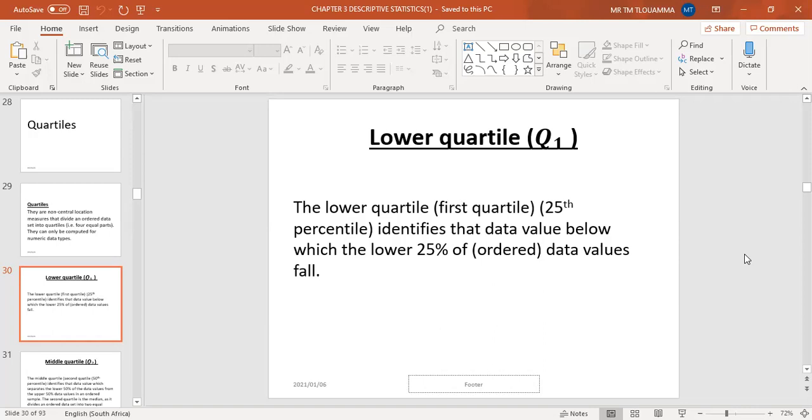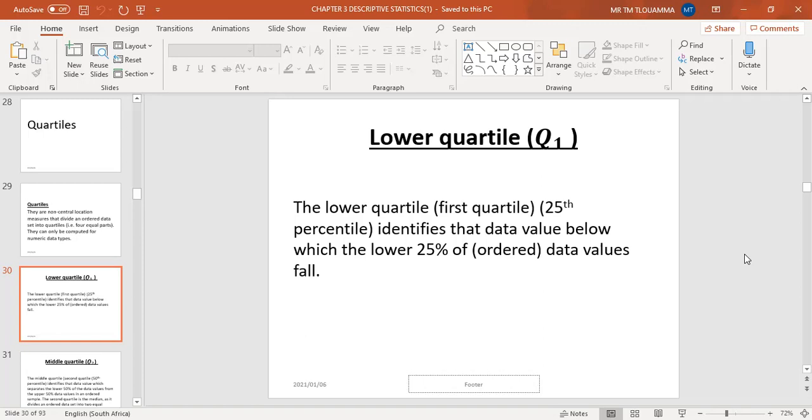So it is the 25th percentile, which identifies the data value below which the lower 25% of the ordered data fall, meaning it shows where our data value falls at the lower percentage of 25 in the data set.